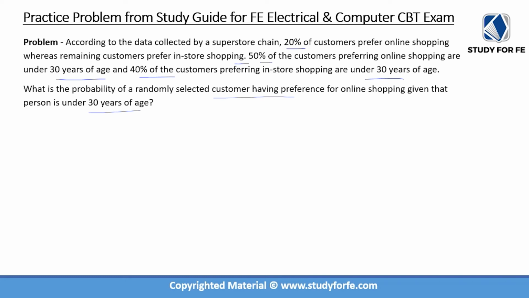If you want to stop the lecture right now and read through it a couple of times, please go ahead. Basically, you have been given conditional probabilities, in fact two conditional probabilities, and you're being asked to find another conditional probability. So most definitely this is a Bayes theorem problem.